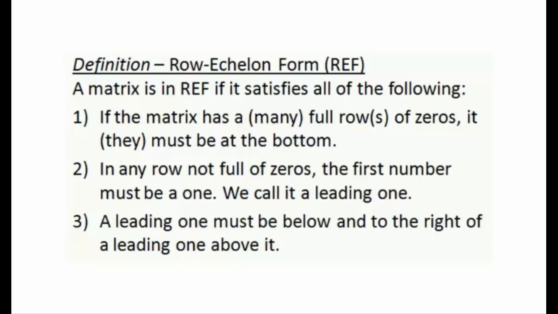And property 3 says that a leading one must be below and to the right of a leading one above it. And I think the most important thing to notice here is that these are the first 3 properties of reduced row echelon form. The only difference between REF and RREF is that fourth property. REF does not require that we have zeros above and below our leading ones.